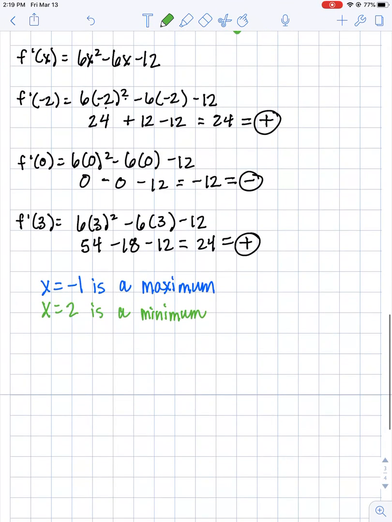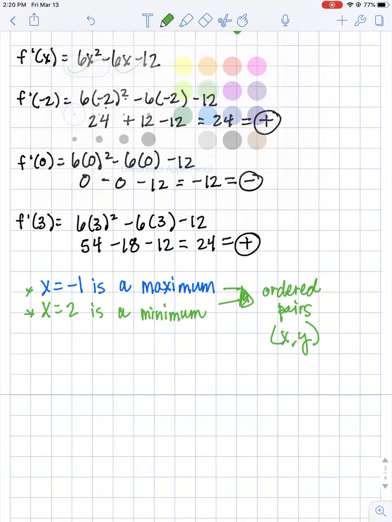All right, and now last but not least, and I would make this a real big deal if we were in class. Guys, maximums and minimums are ordered pairs. Big idea. These two things are ordered pairs. And you and I both know that ordered pairs consist of an x and a y. Well, you have x, but you don't have y. And at the very beginning of this class, I tried to teach you that if I gave you x, you can plug back in and get your y.